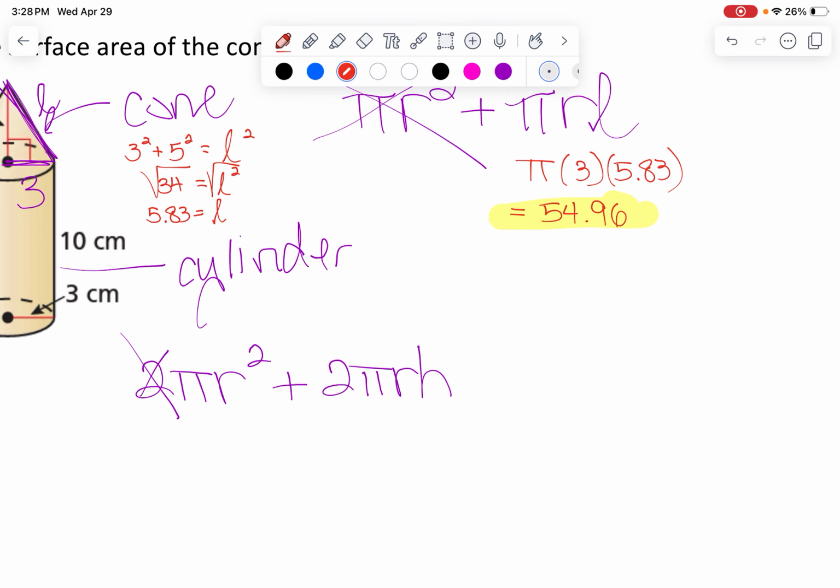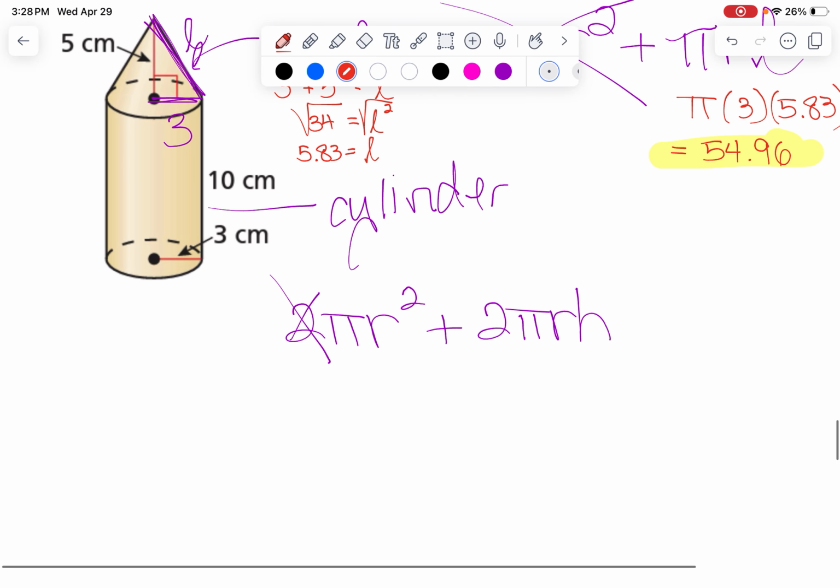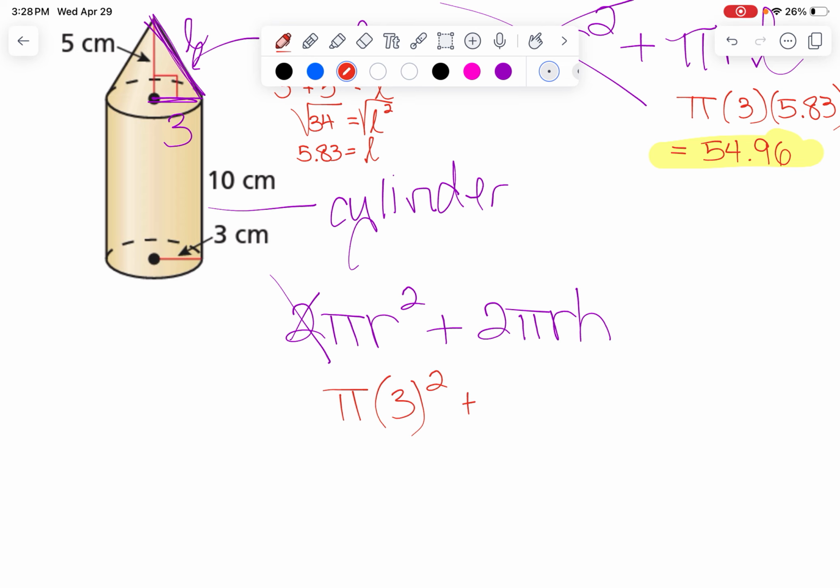And then down here, okay, we've got three is our radius. Our height is 10. Okay, so we got 9 pi plus 60 pi.